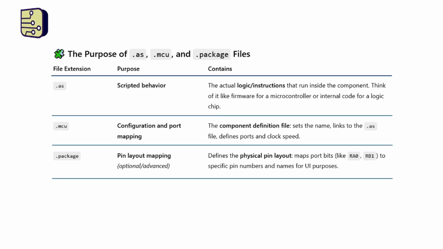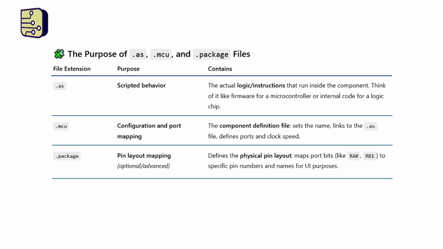The .as file defines the behavior or logic of the scripted component. It is the AngelScript code which handles the input and output pins, internal state logic, and simulation behavior. The .mcu file acts as the component definition or descriptor, linking everything together. It references the script file, the .as file.